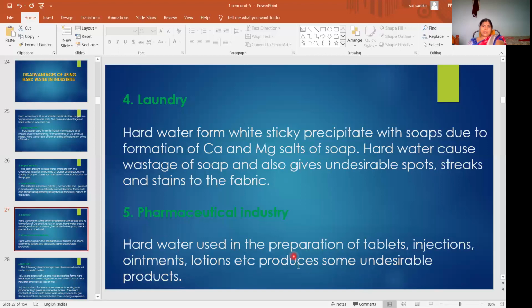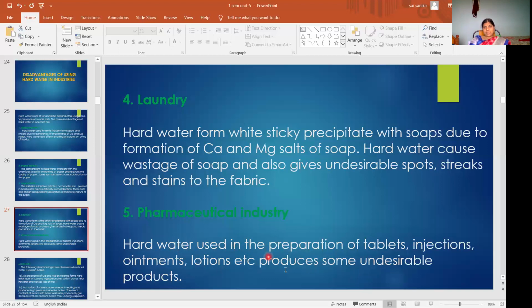Whatever you want to get, you don't get that product, you get another product. You want some tablet or ointment, but you won't get that one, because there also the salts present in the water will interact with the chemicals we are using there.